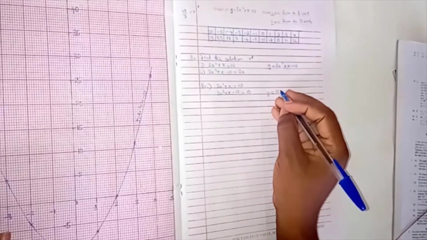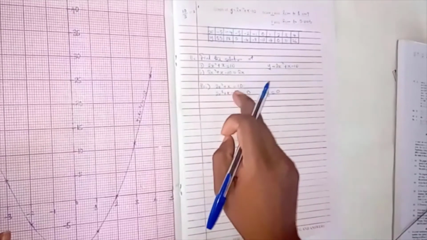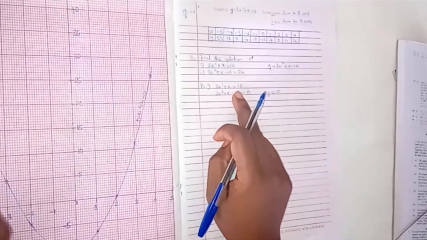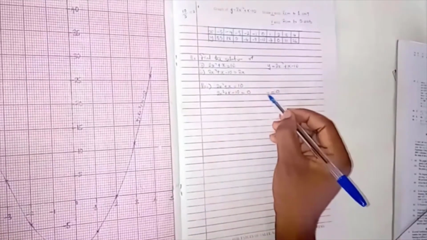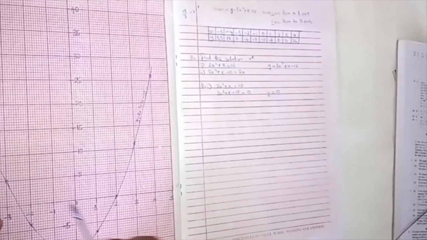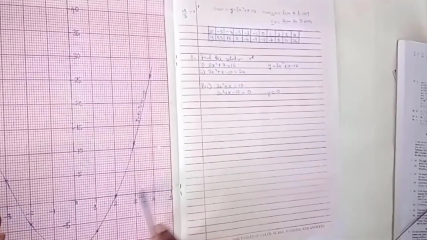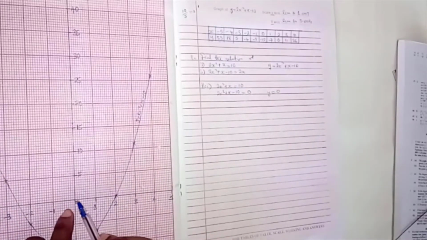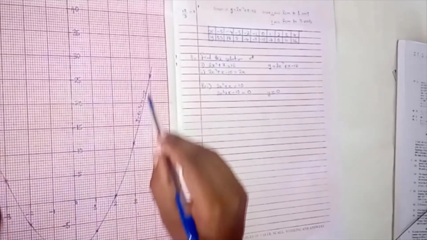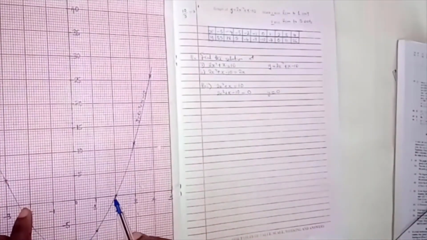So from here, to get the solution of this, it means we are going to have two values of x at y equal to 0. So where is y equal to 0? Y is equal to 0 here. So on the graph, we're going to check at the point where y is equal to 0, where did the graph touch? The x-axis.